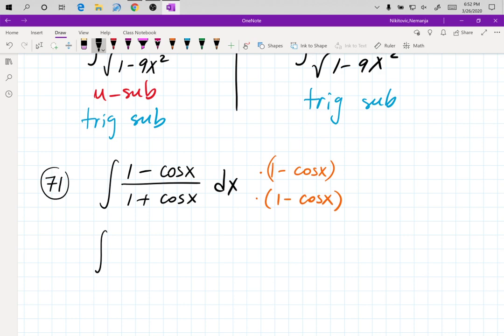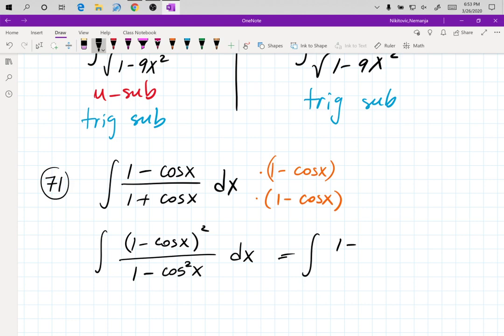So that will be 1 minus cosine x squared divided by 1 minus cosine squared x dx. And that's a sine squared there. Aha! Okay, got it. So 1 minus 2 cosine x plus cosine squared x divided by sine squared x dx.